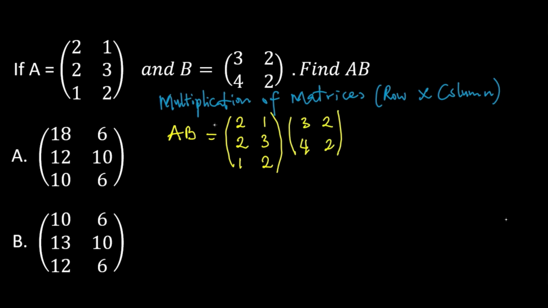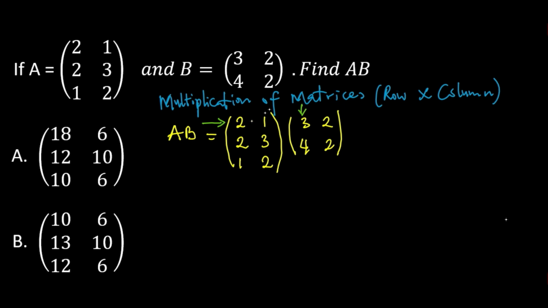Okay, so the first row of matrix A, which is 2, 1 there, and the first column of matrix B, which is 3, 4, they will multiply each other.